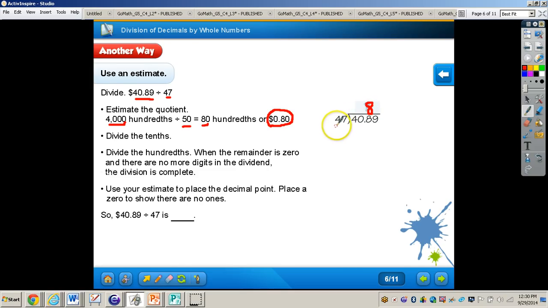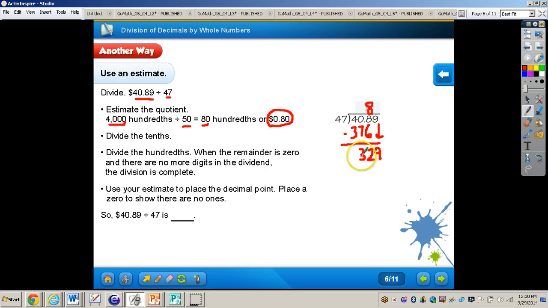8 times 47 is actually going to give us 376, so we multiply. Now it's time to subtract. 408 minus 376 is going to give us 32. We know that 32 is less than 47, so we check it, then we bring down our 9.